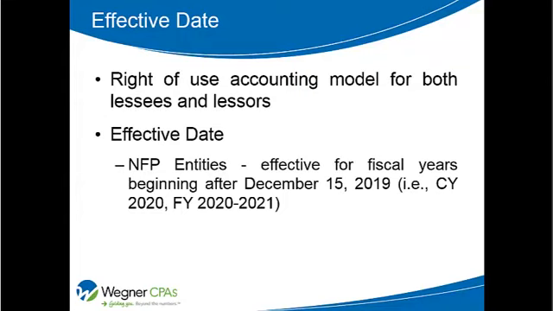So again, this one is 2 years away from implementation. Basically, it is providing a right of use accounting model for both the lessees and the lessors. So it's not necessarily about who owns the assets, it's about the right to use the assets. So that's kind of where the difference comes in this standard.